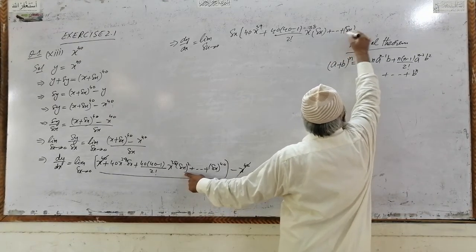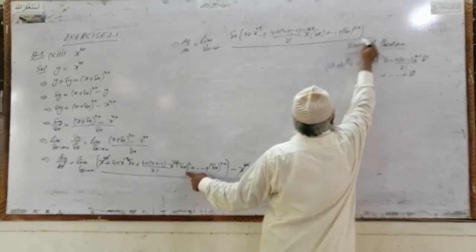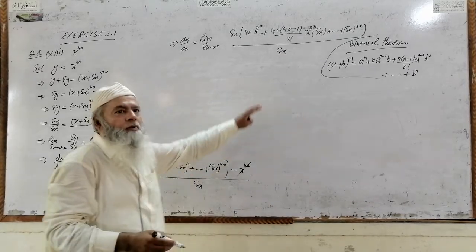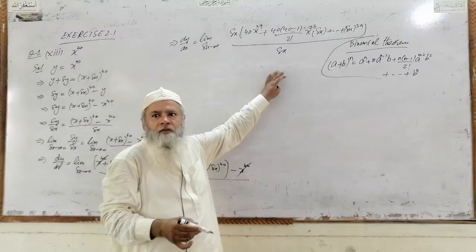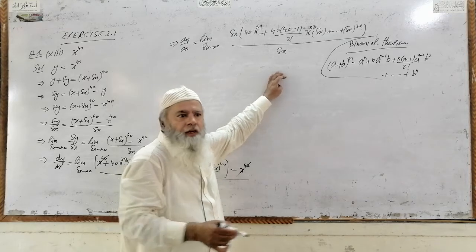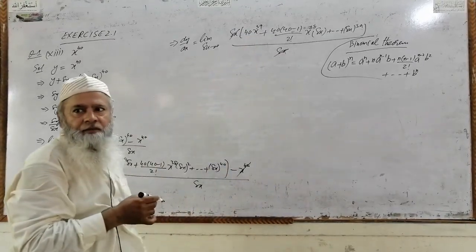Delta x raised to power 39, divided by delta x. Now this problem is resolved here because this delta x in the denominator was disturbing us, and that is going to cancel out with the numerator delta x.